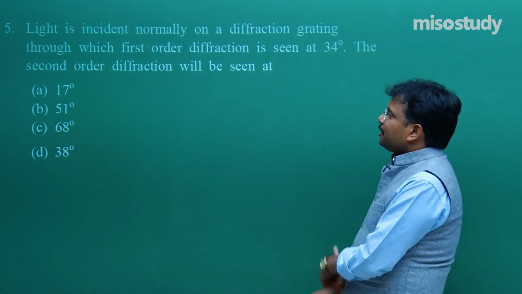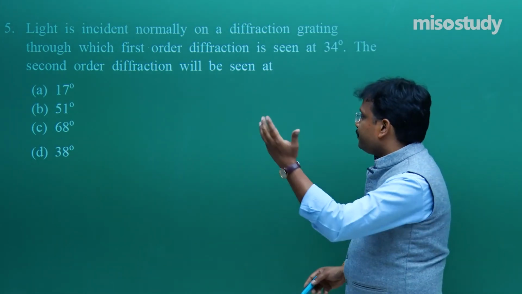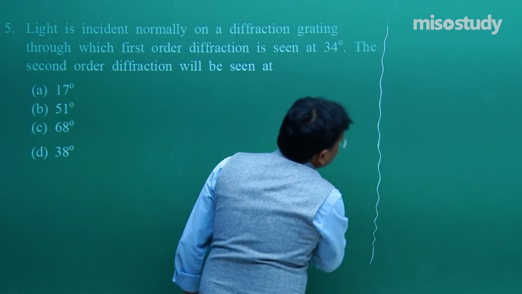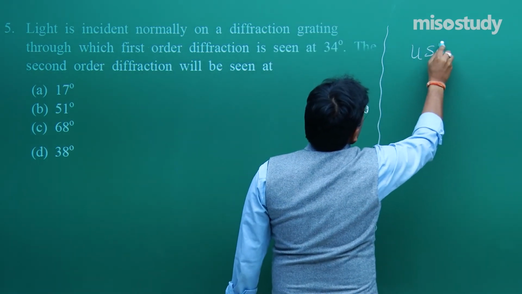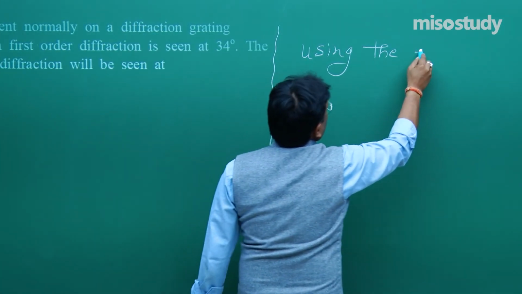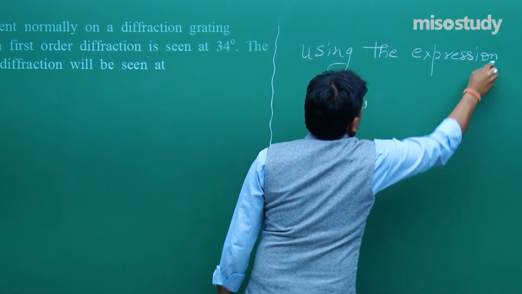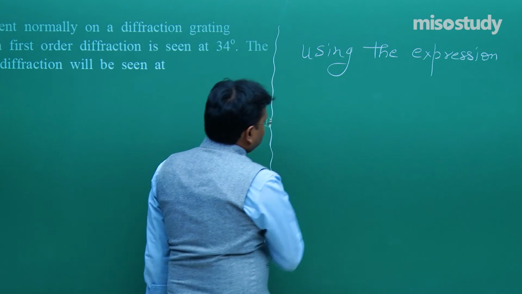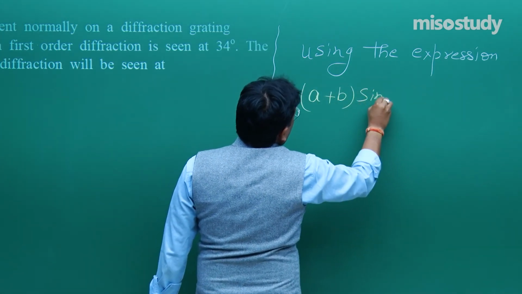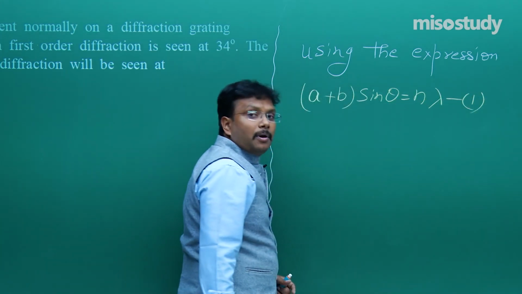Fine. So as such, nothing is difficult in this question, a simple formula based problem. And what is that formula? That is using the expression (a plus b) sin theta is equal to n lambda, equation number 1.